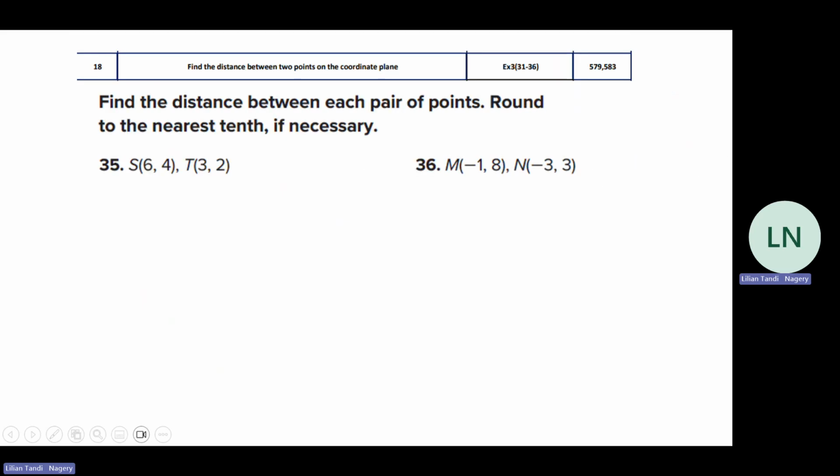Okay, I'm not writing the formula. D equals the square root. We put here x1, y1, x2, y2.